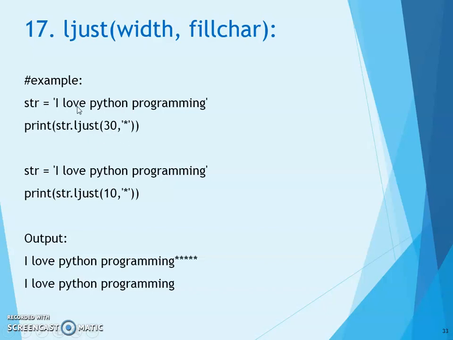As 26 characters are there, at remaining places these stars will be printed. And now here the mentioned width is less than the number of characters present in this string. So the original string will be returned as it is as a result.